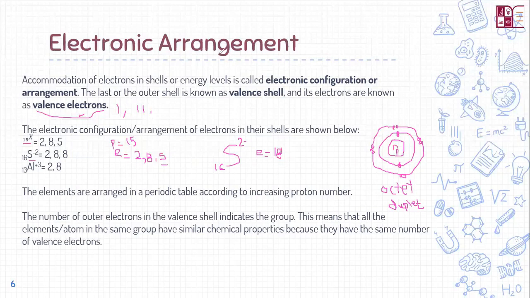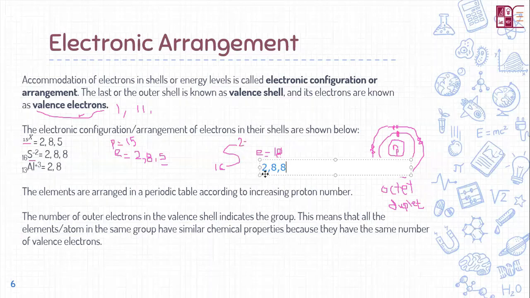So I'm going to use a text box right now so that you can understand better. It's going to be 2, 8, because the first shell always carries up to 2 electrons. The second one always carries up to 8. Now we have 10 electrons up till now, and the rest which are left, 18 minus 10, is going to be 8. So the last shell is going to carry 8 electrons. This means the sulfur atom has gained 2 electrons and has now gained an octet configuration. So 2, 8 and 8.